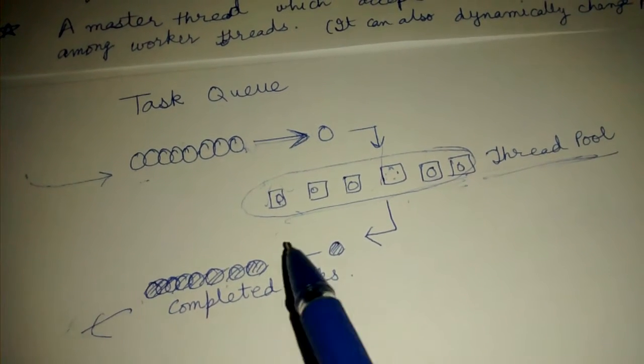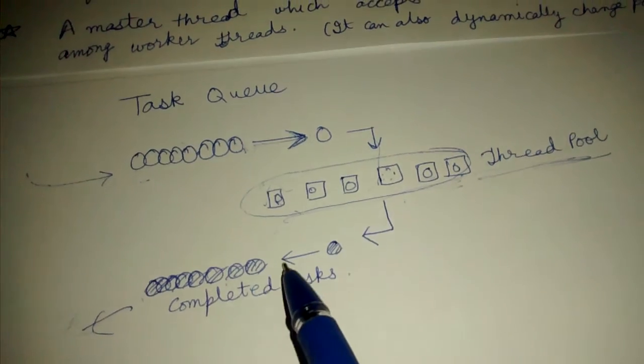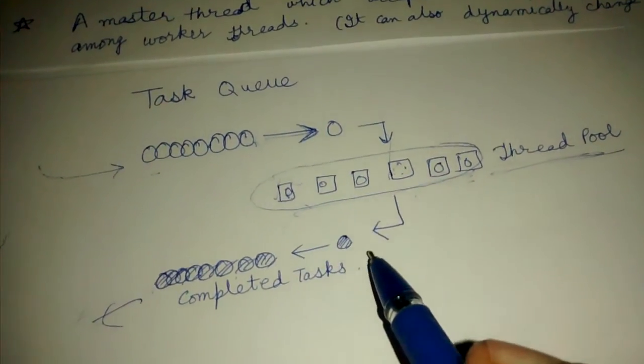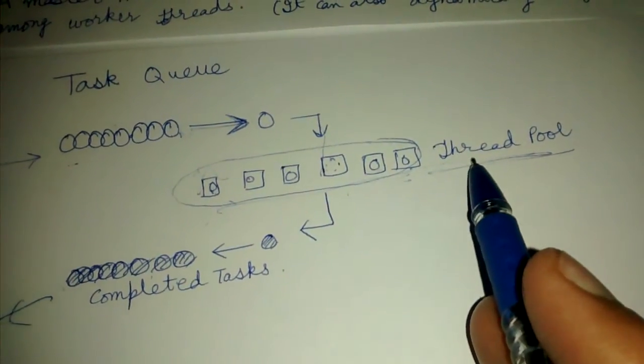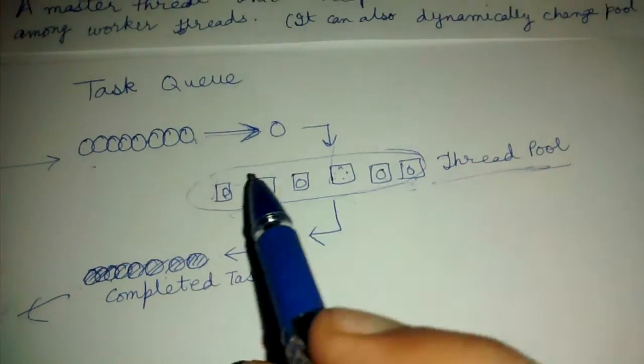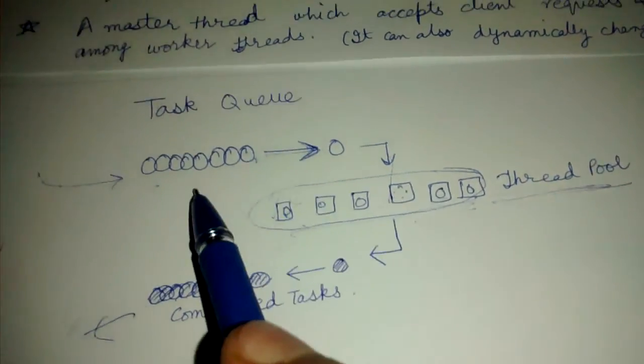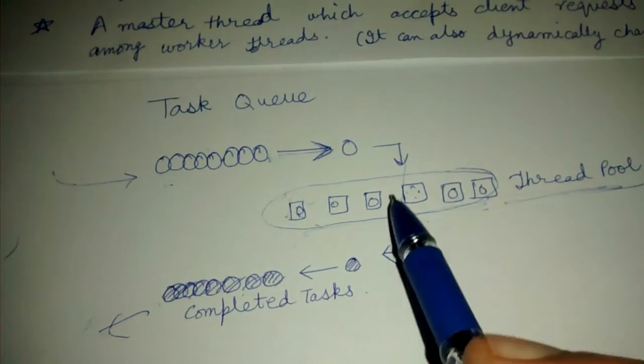And as soon as it pushes the completed task into this new queue, the worker thread now becomes free, so it can now pick up a new fresh task from the task queue and execute it.